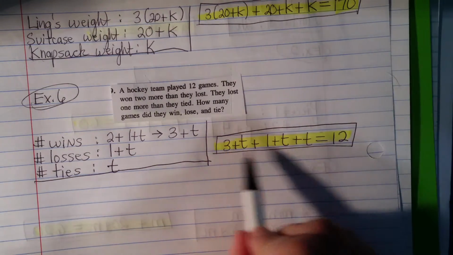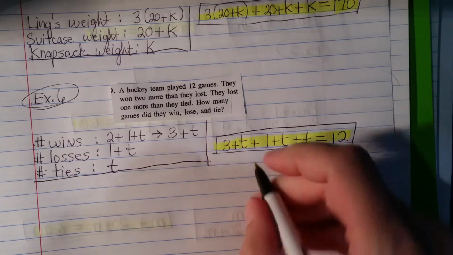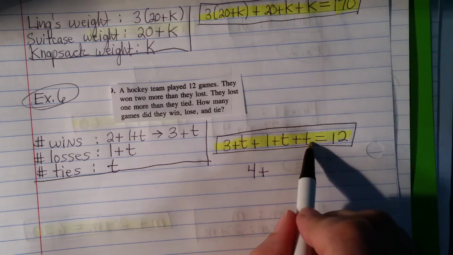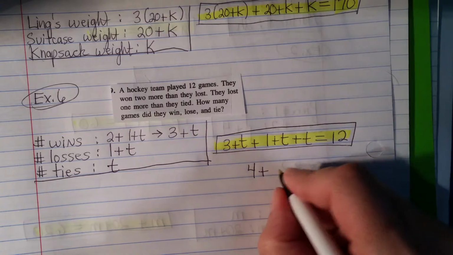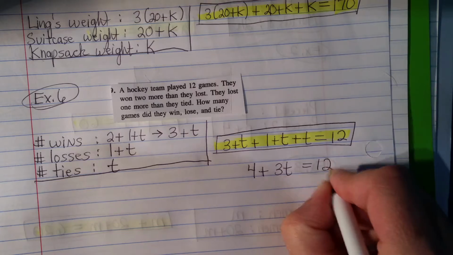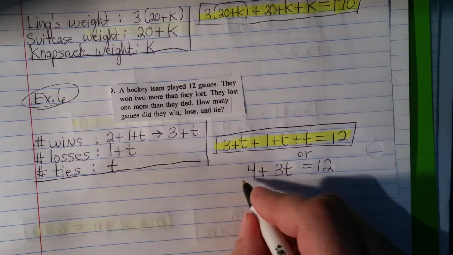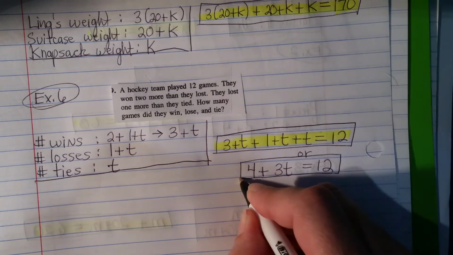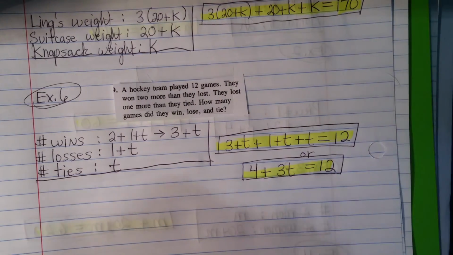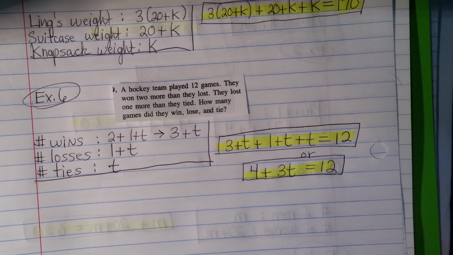I can add the 3 and the 1 here and call this 4 plus, and then there's 3 T's all added, plus 3T equals 12. So if you want to simplify these equations, that's fine, but you don't have to. You could just leave it like this. All right, and that's it.